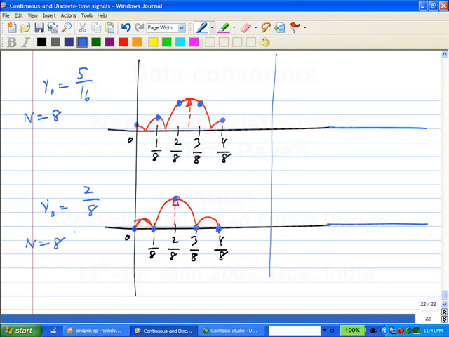Okay. So what will be the discrete Fourier transforms I will be getting? This is what I get in the first case, and in the second case, I will be getting this. Okay. Which of these two will you believe is a sine wave?